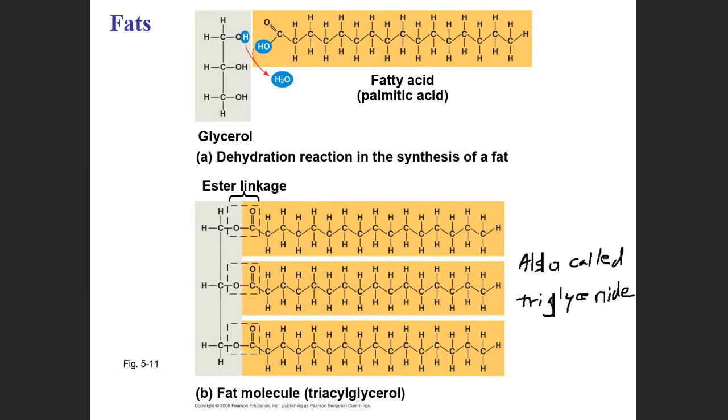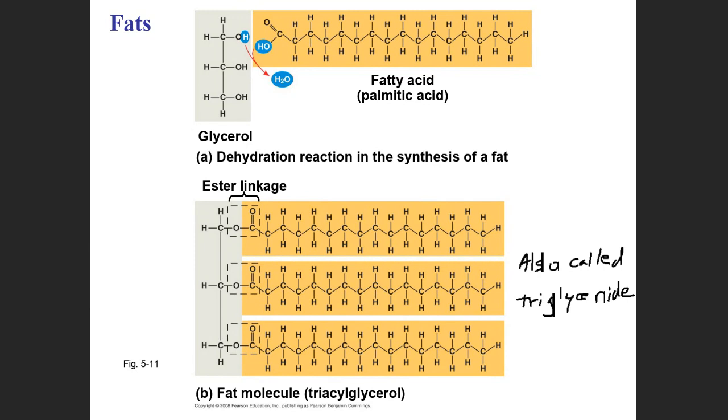Technically, it's a triacylglycerol molecule, but we just call it a triglyceride. So a molecule of glycerol and at least one fatty acid makes a glyceride. So one fatty acid, monoglyceride, two fatty acids, diglycerides, and three fatty acids are triglycerides. We're going to focus on the triglycerides because we eat them and we also store them as fat in our body. So we store triglycerides.